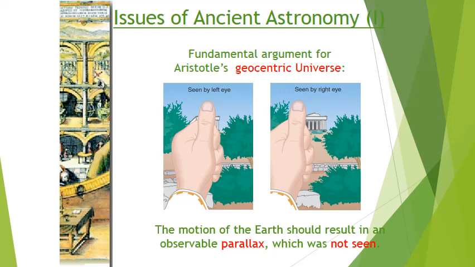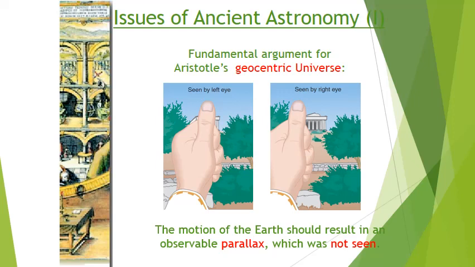You change eyes, and your thumb appears to move. Well, that was the idea that the ancient Greek astronomers, or thinkers, they weren't technically astronomers at this point, had. They said, well, gosh, if the Earth was indeed moving, then the constellations should look different. If the Earth were moving its position in space, the constellations should change their shapes over the course of a year.